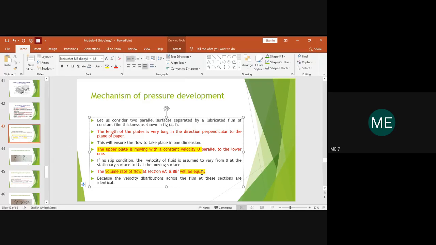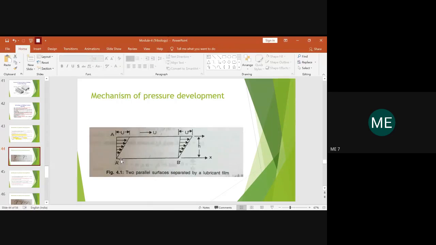Why it has been considered is because here the velocity distributions across the given oil film will be identical. So the velocity distribution will not vary. Wherever you go, if you draw one more cross section here and take the velocity distribution triangle, it will be the same, because the pressure distribution across any section of the film of the oil will remain the same.